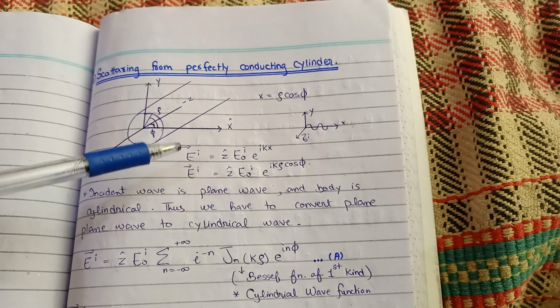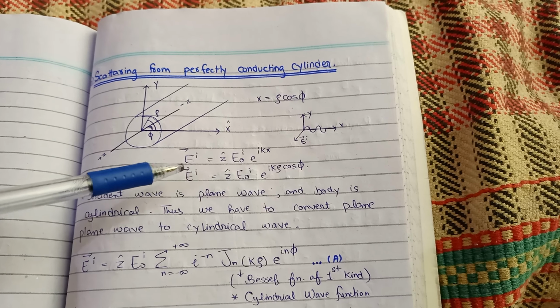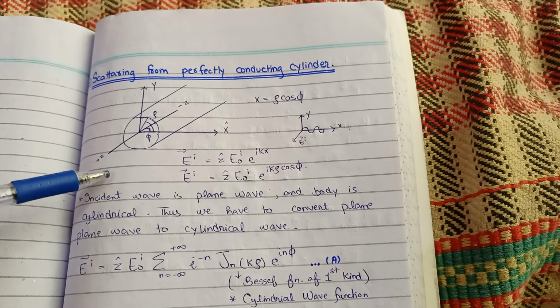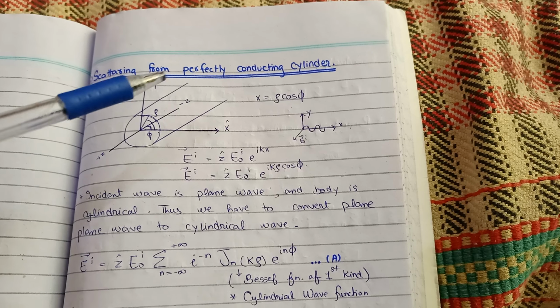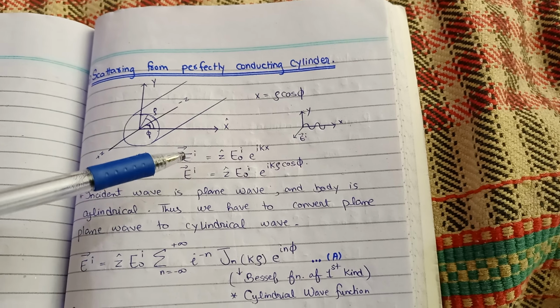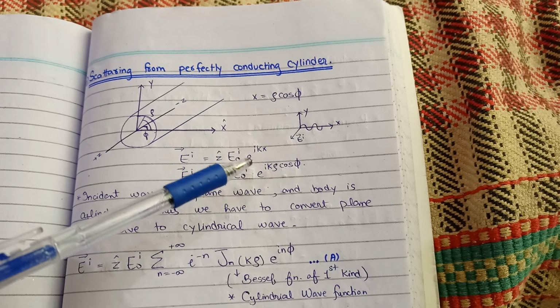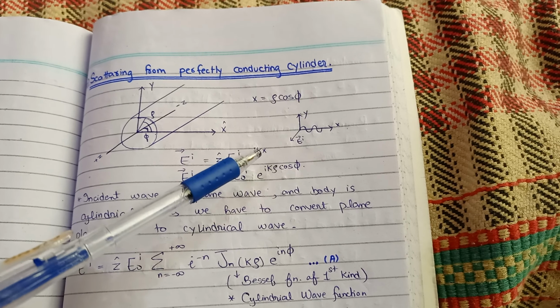And in general, we know that for a plane wave, the electric field is in the z direction and the propagation of the wave is in the x direction.